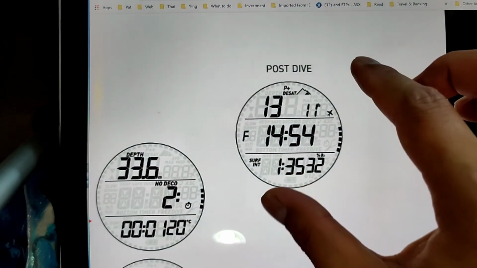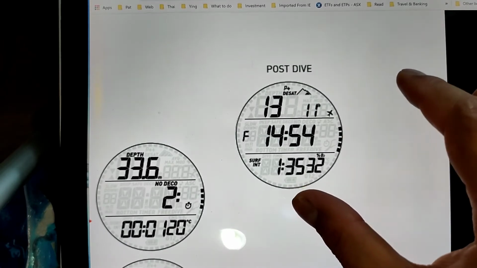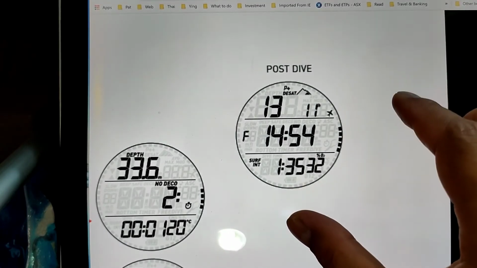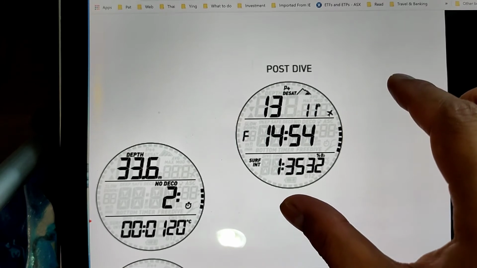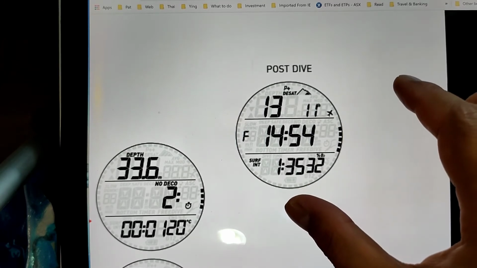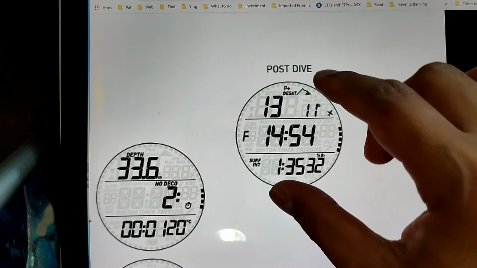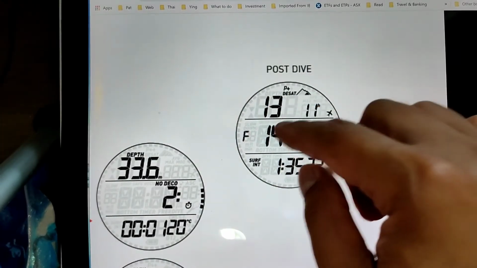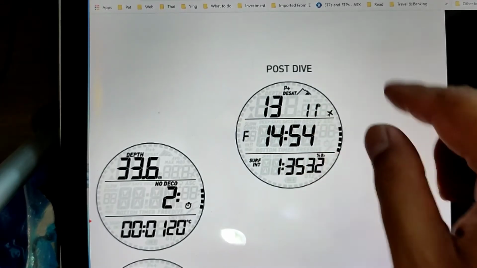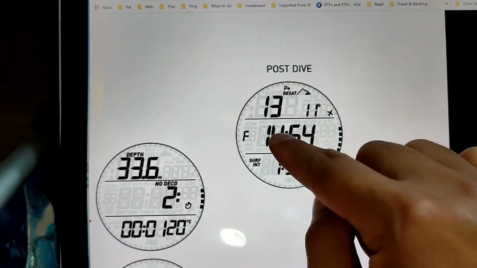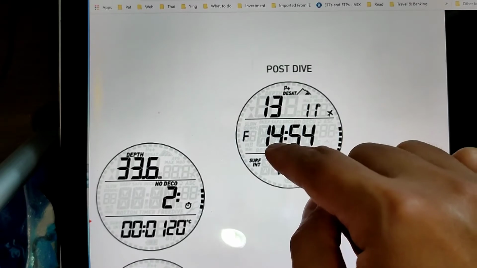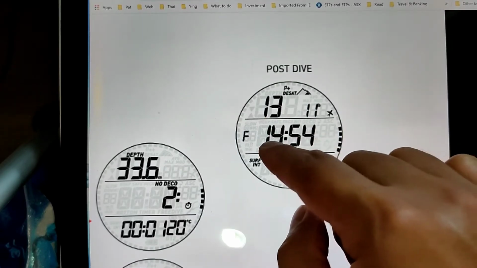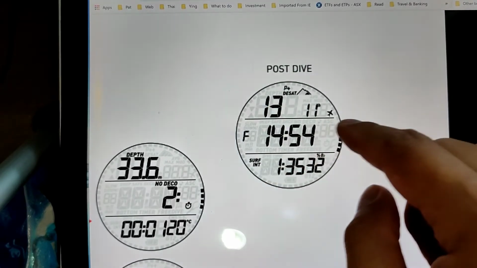Okay, but sometimes you might actually go over that no deco limit, so you have to stay there. The watch will tell you, like in the middle here, 3 meters and how many minutes. The number will just stay, it will not show time. It will say maybe 3 meters 2 minutes.